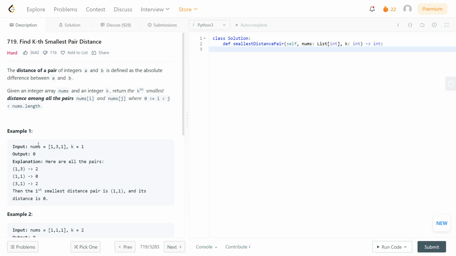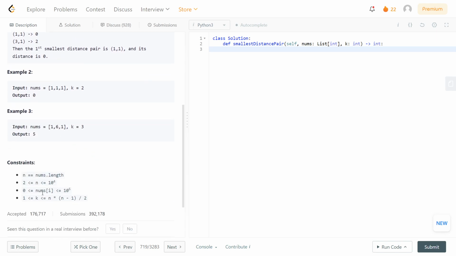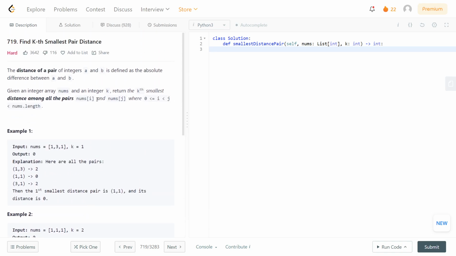But this would be n squared pairs, so pretty time consuming. The time complexity, just for the sorting, would be n squared log n squared. So I think that solution gives time limit exceeded. So I'll go with a different idea.